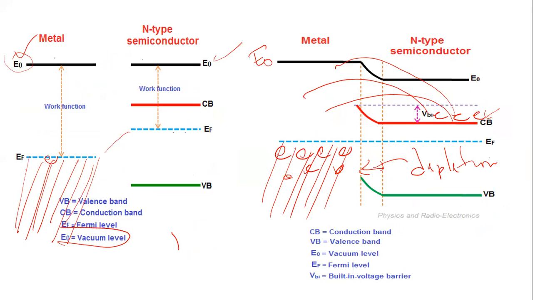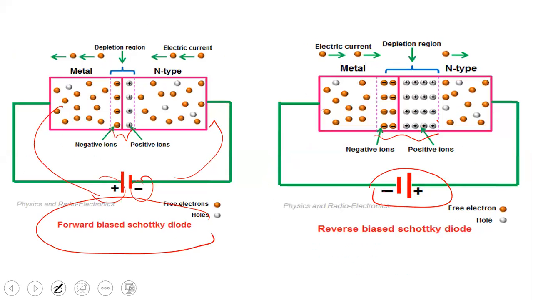So under reverse biasing, if the barrier potential here is quite high, that is, if the energy required for electrons to climb over to the conduction band of the n-type is quite large, then you will have what is called a rectifying property.